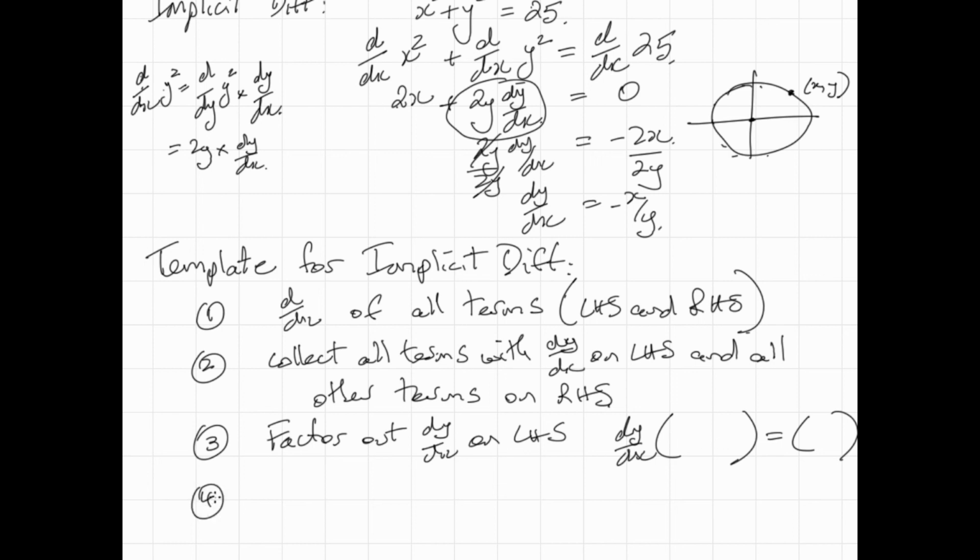And the final step is to divide both sides by this factor here. So if we call it a, divide both sides by a. Whatever's in there, you've got to divide right through by on both sides. Then that will cancel out and you get dy dx by itself, and then you'll have whatever's over there divided by a. Okay, so that's the 4 steps of implicit differentiation.